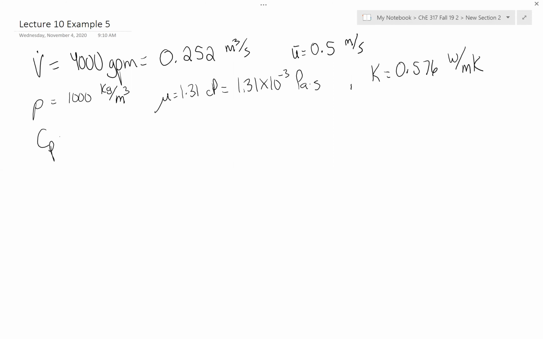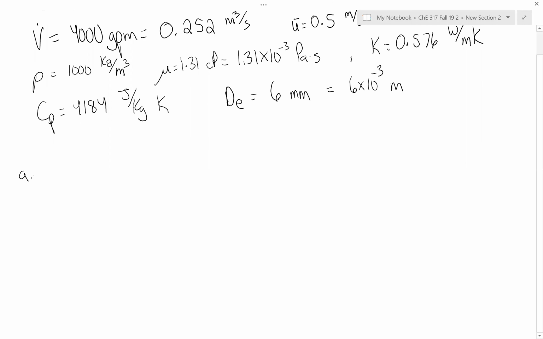The heat capacity is 4184 joules per kilogram Kelvin. The effective diameter I'll use is twice the spacing provided, which I believe was 3 millimeters, so the effective diameter is 6 millimeters, or 6 times 10 to the minus 3 meters.